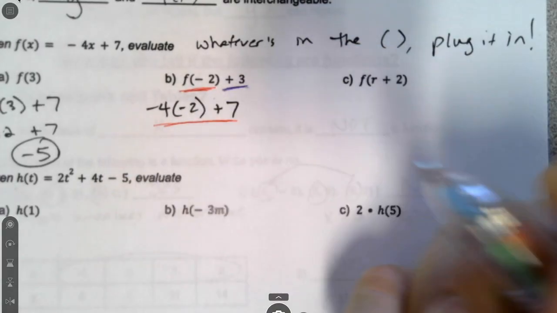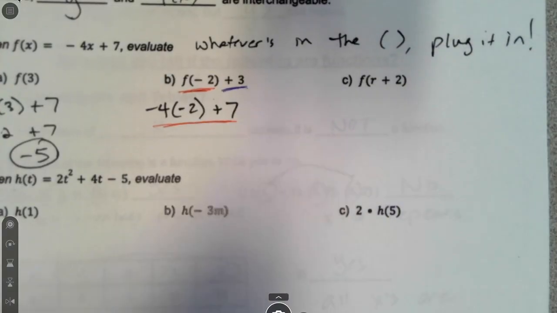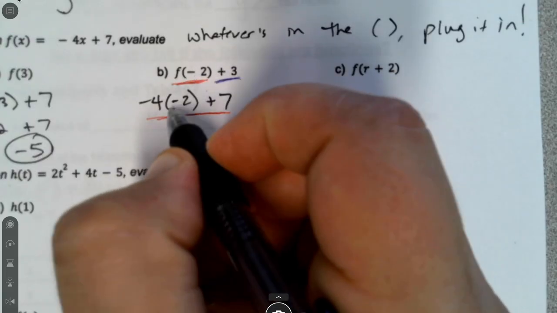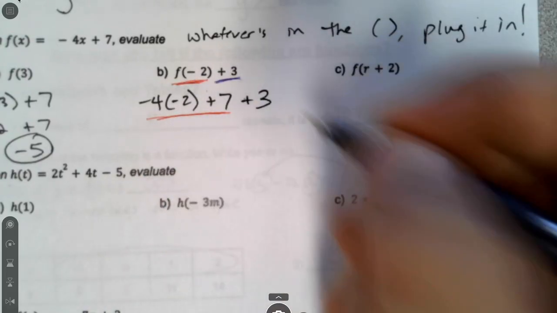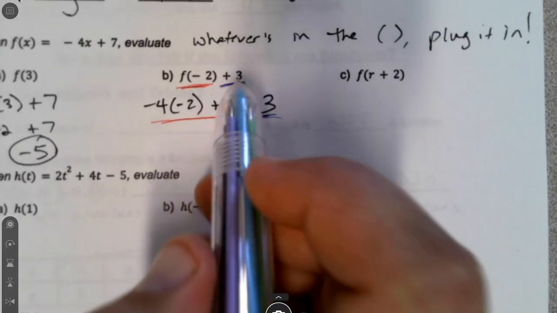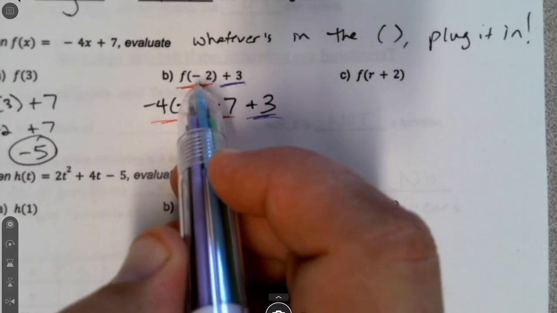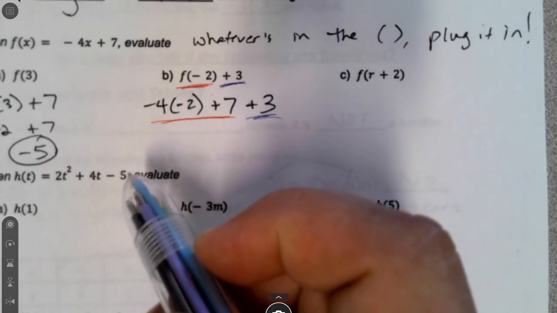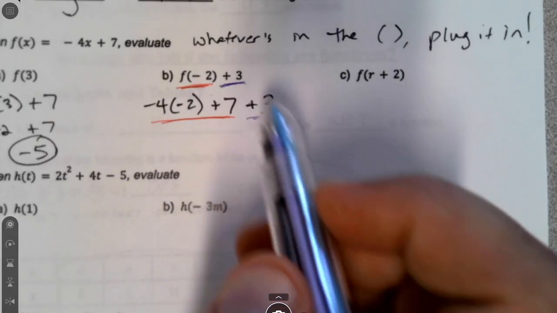That's this plus 3. So this is saying take the function with negative 2 plugged in, which we have, and then add 3 to that. So this is a separate piece. This doesn't go inside the function because it's not inside the parentheses. Only what's in the parentheses gets plugged in for x. This is just something extra we tack onto the end.